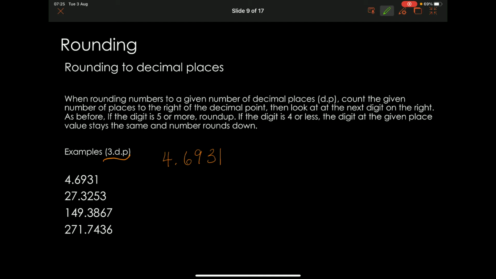We're going to count 3 numbers after the decimal point, and we're going to stop there. This is the number we're going to round. The number to the right of it is a 1. Again, if it's 4 or below, we leave it as it is. So 4.693 to 3 decimal places.